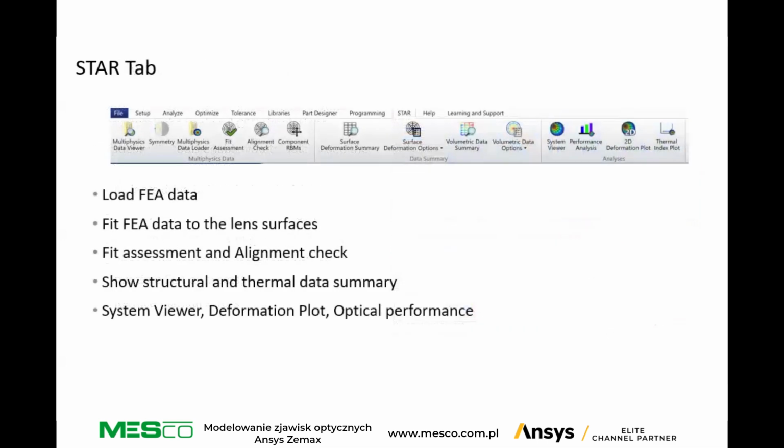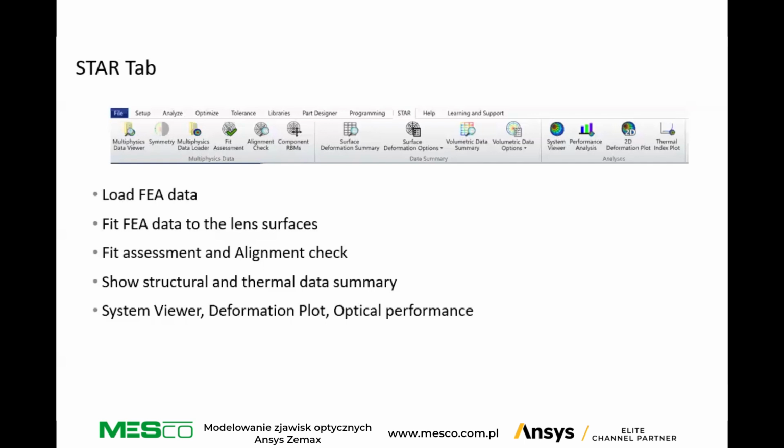Okay, so this is the STAR tab. At the beginning, we have some tools to load FEA data, to fit it, and then to assess the alignment, but also the fit. And then we can show the structural and thermal data summary.